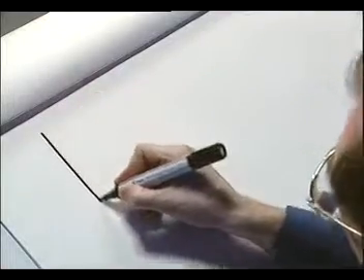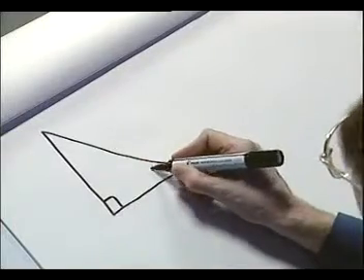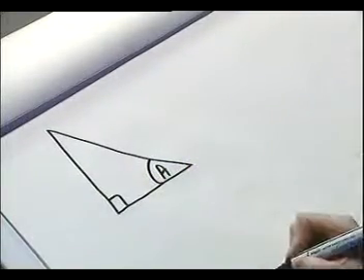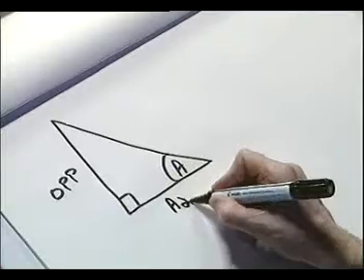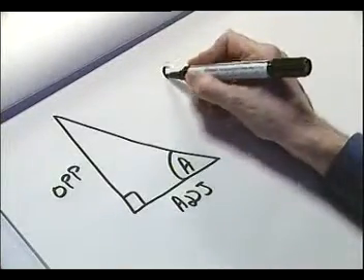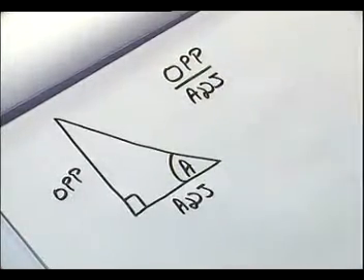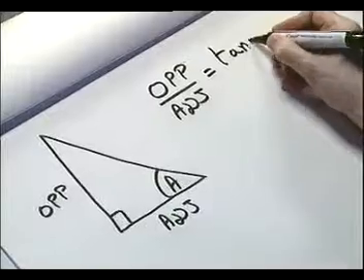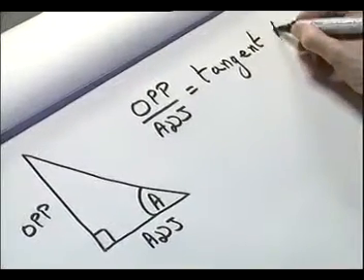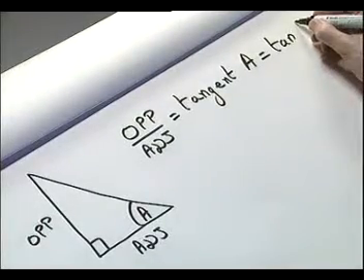Remember, at the beginning of the video, we said that if we picked our angle and we took the opposite side and the adjacent side, then the ratio of the opposite to the adjacent side was a constant, and that we called that the tangent of the angle A. Well, tangent's a long word, and we tend to shorten that simply to tan.